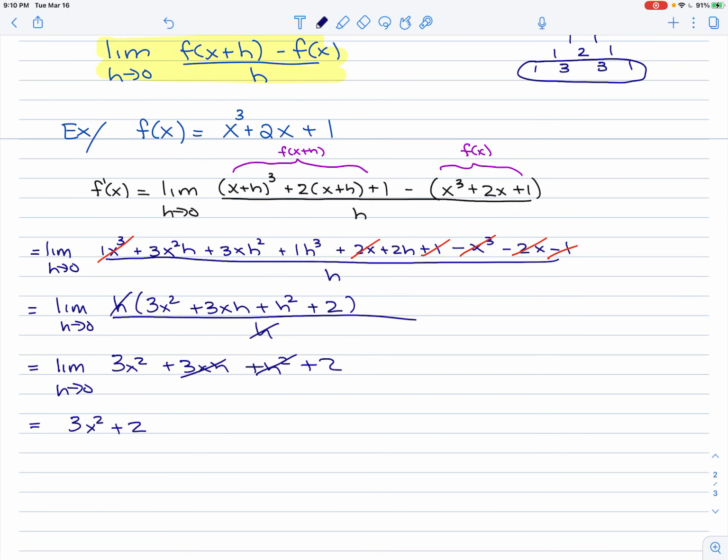And using our power rule, if we have f of x equals x cubed plus 2x plus 1, according to the power rule, that is 3x squared plus 2. So that checks out. Okay, hopefully that was helpful.